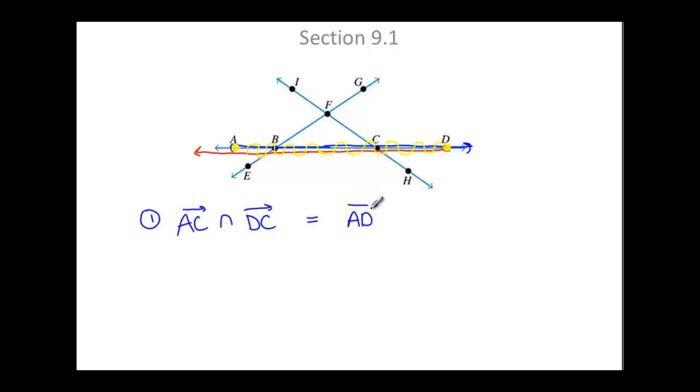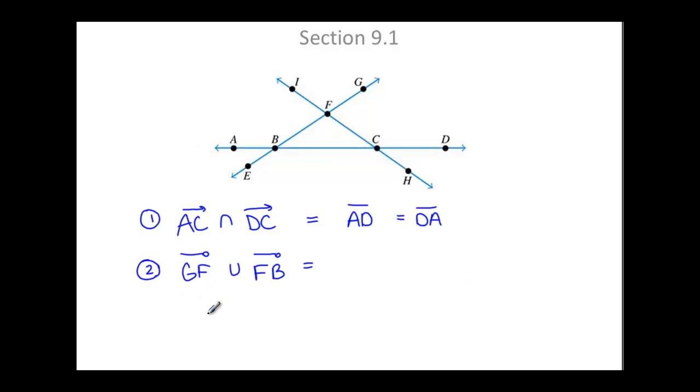There would be no circles here. If an open circle is drawn, it means it's not included, but A is on both of those rays. And another way we could represent that would be line segment DA. The direction that we name a line segment doesn't matter, as long as we start with one endpoint and end with the other.